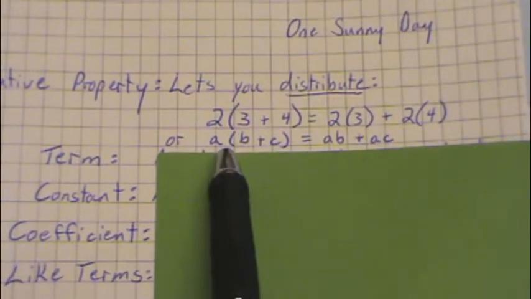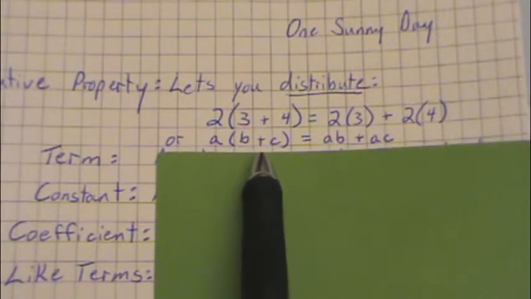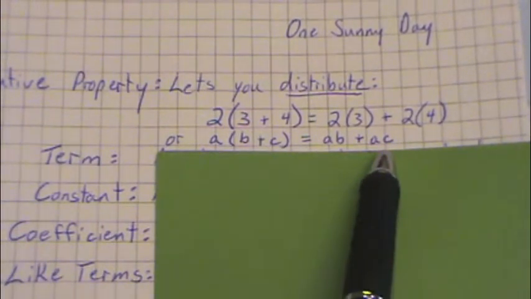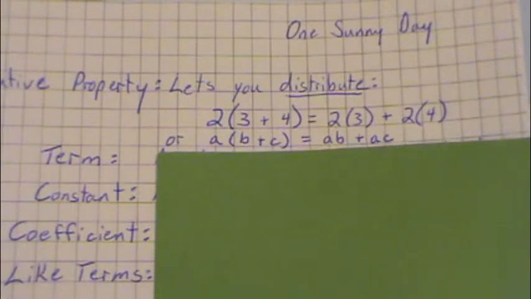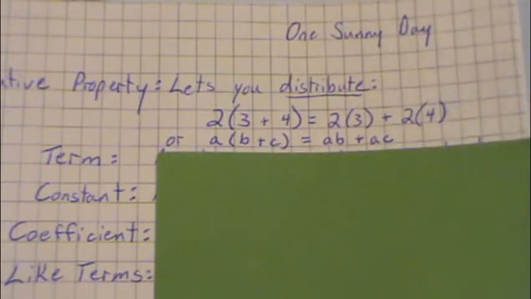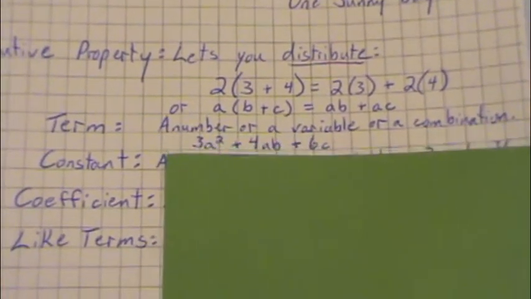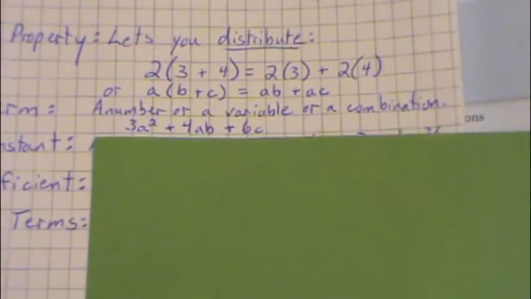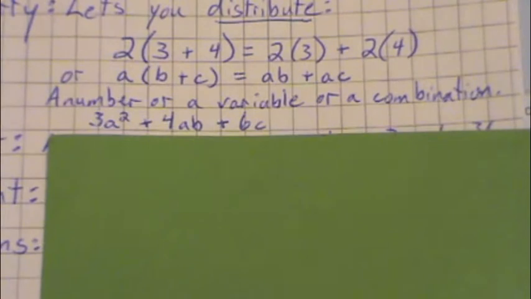In more algebraic terms, we say A times the quantity of B plus C is the same thing as AB plus AC. Next word, term. A number, or a variable, or a combination.